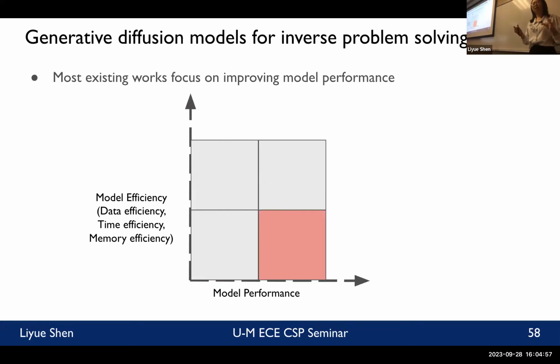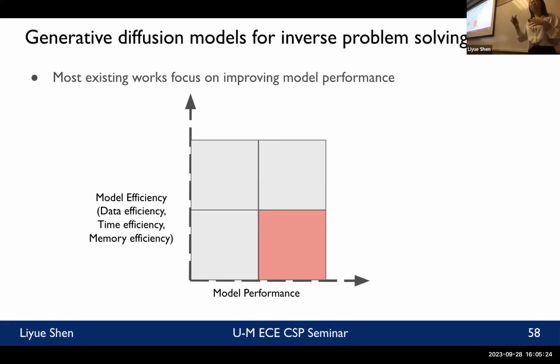And for the current progress in these areas, we have already seen many existing works trying to develop different algorithms for solving the inverse problem using generative diffusion models. But most of them focus on improving the model performance, as shown on this axis.